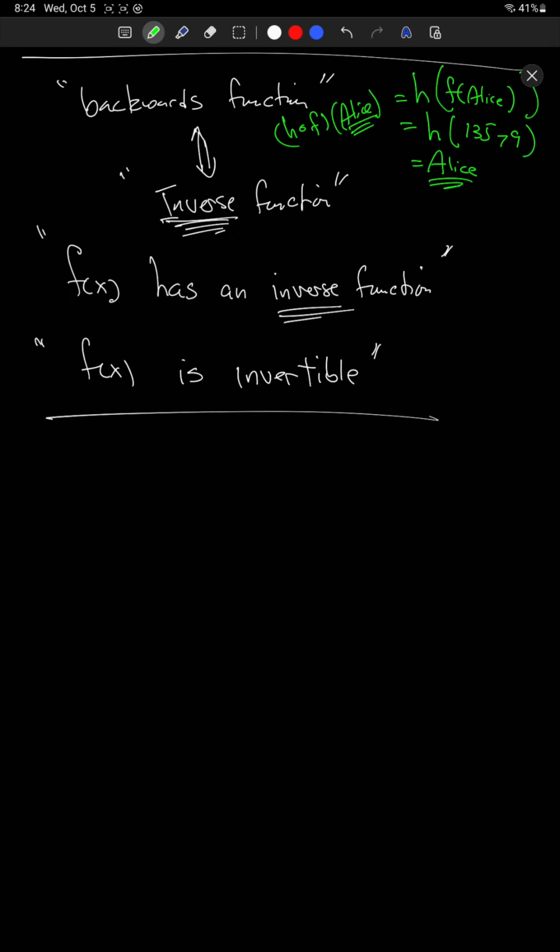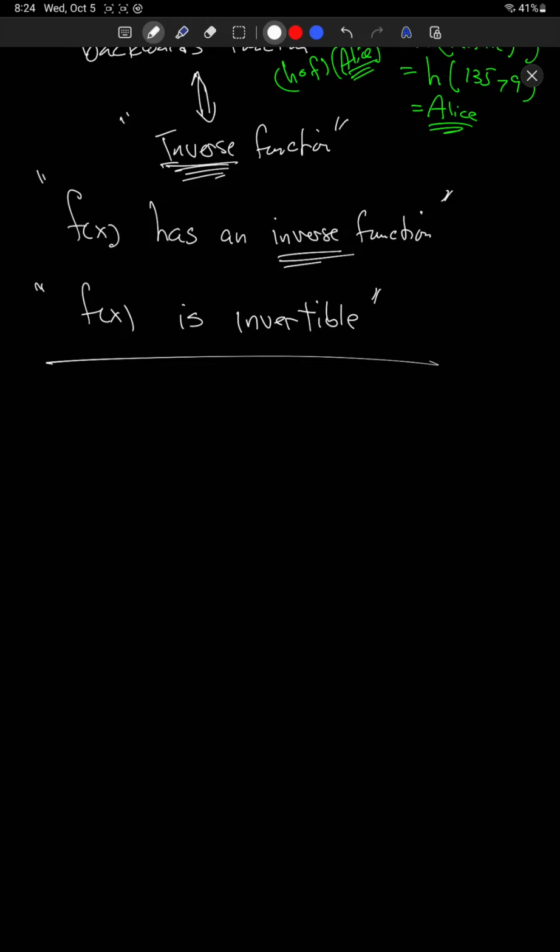So what we notice is for these backwards functions, or this inverse function, right? Let me write it the more grammatical way that we say this.